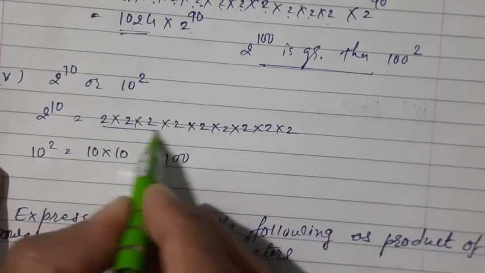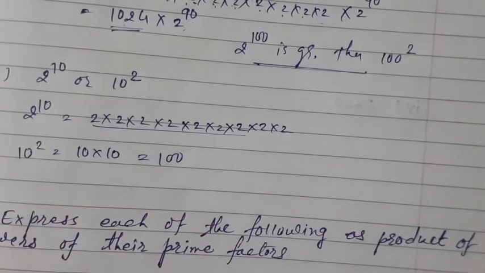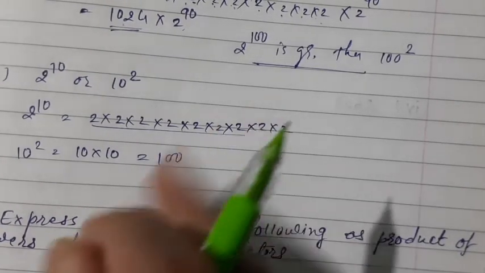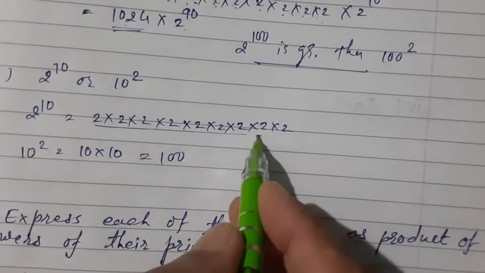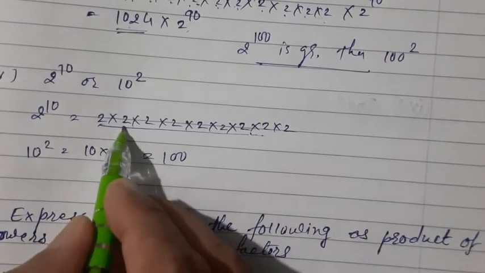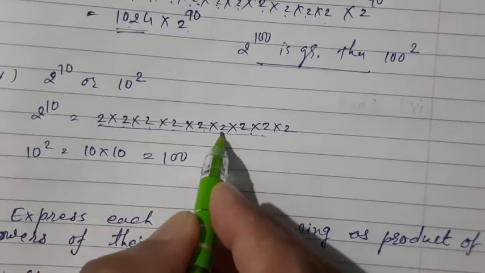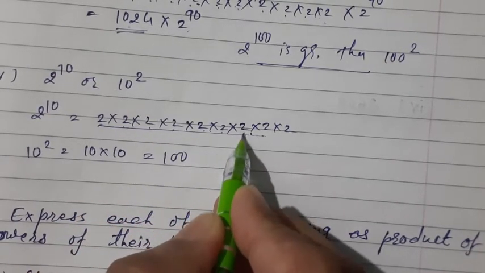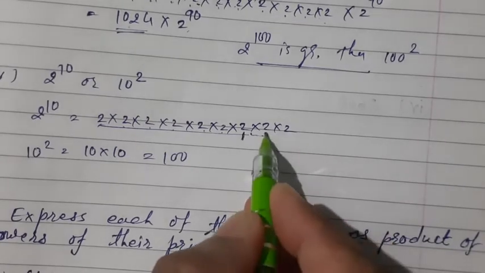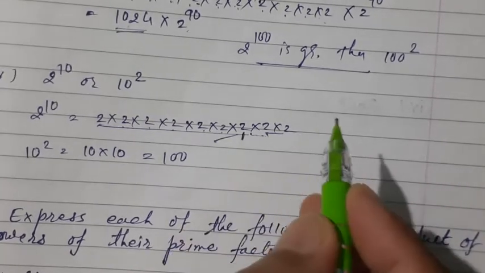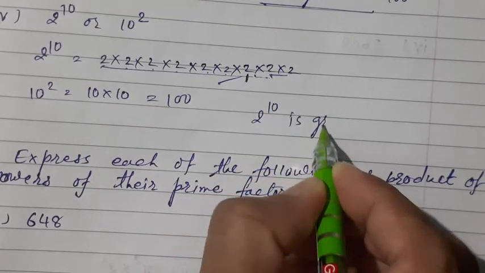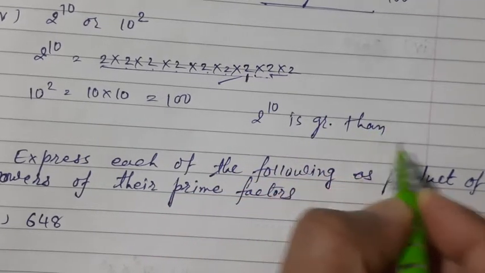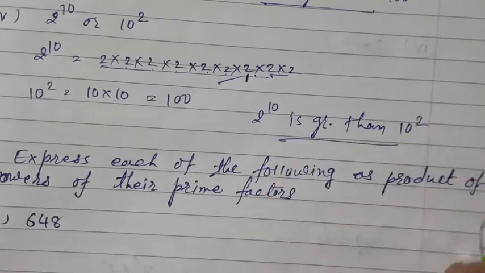So here only 8 times is, that is more than 64, right? 2, 4, 8, 16, 32, 64, 128. So 8 times is 128 and another 2 times is there, that is greater. So 2 raised to 10 is greater than 10 raised to 2, right?